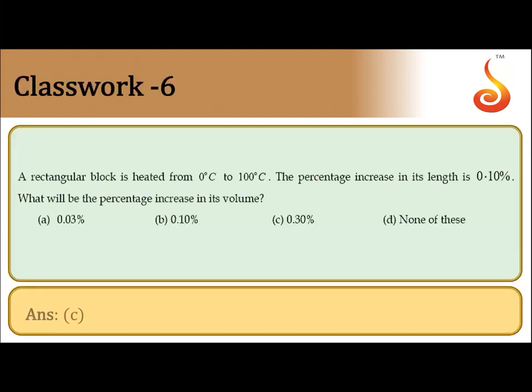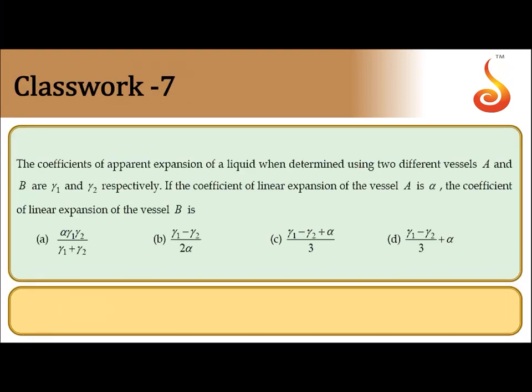Yes, we shall move on to next one. Coefficients of apparent expansion of a liquid when determined using two different vessels A and B are gamma 1 and gamma 2 respectively.